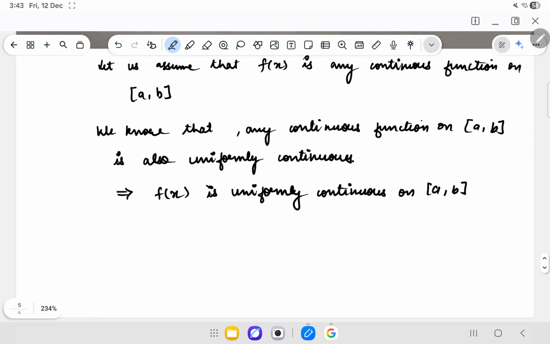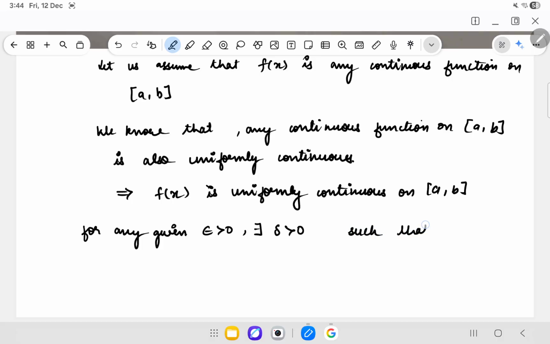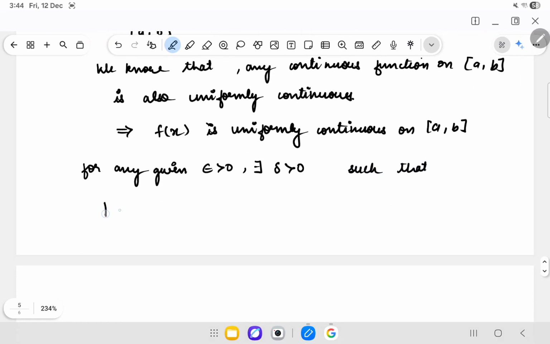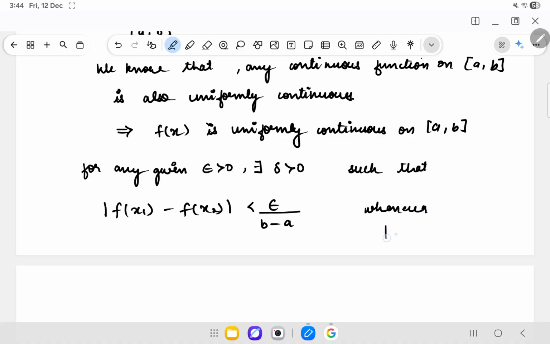Now if we use its definition, for any given epsilon there exists delta greater than 0 such that the absolute value of f(x1) minus f(x2) is less than epsilon divided by b minus a whenever the absolute value of x1 minus x2 is less than delta.